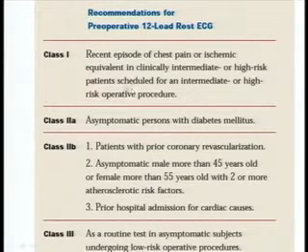We are talking about the intermediate or high-risk procedure or the intermediate or high-risk patient. So patient-specific factors and surgery-specific factors. Class 2A in asymptomatic persons with diabetes. Class 2B patients with prior coronary revascularizations, asymptomatic male more than 45 years old.